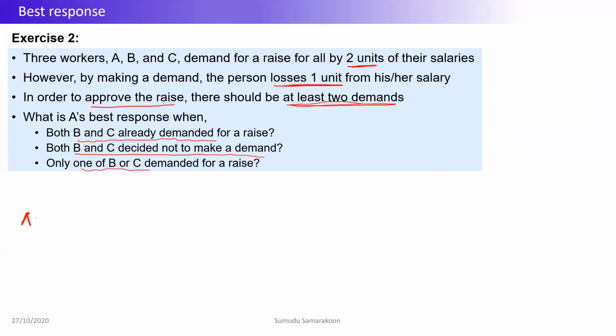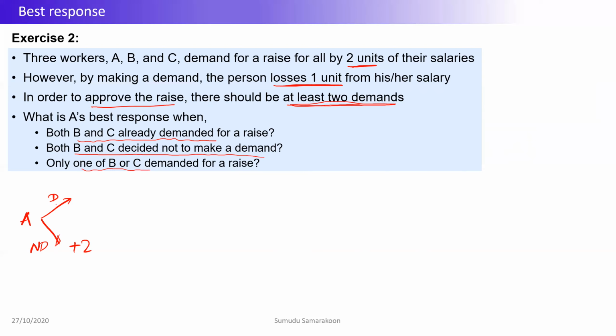Now A has 2 options: demand or not demand. Since both B and C already made the demand and the employer agreed to increase the salary, even though he didn't make a request, he's already getting this +2, right? Because the other 2 have already made the request.